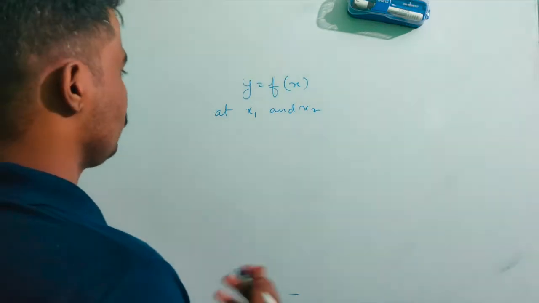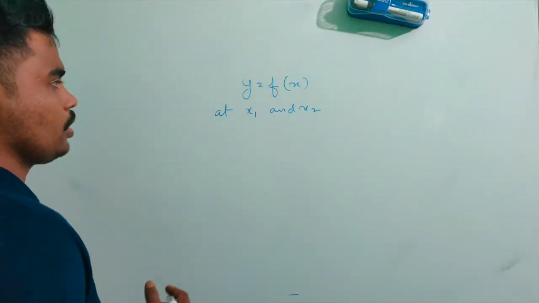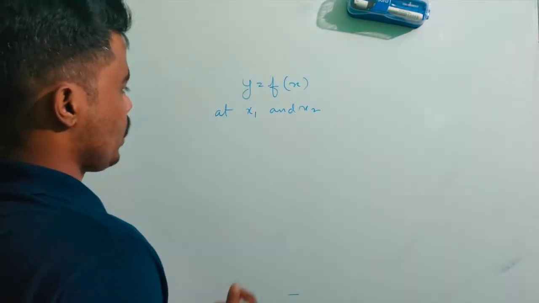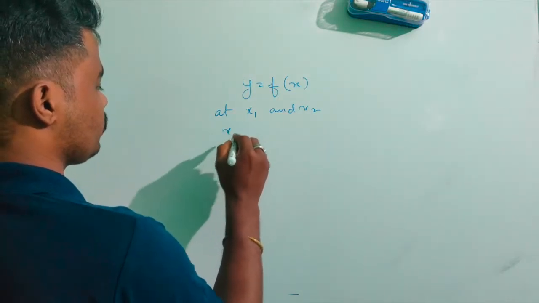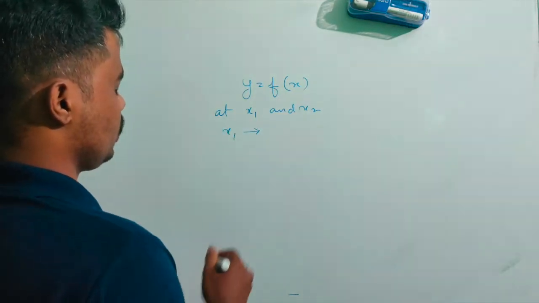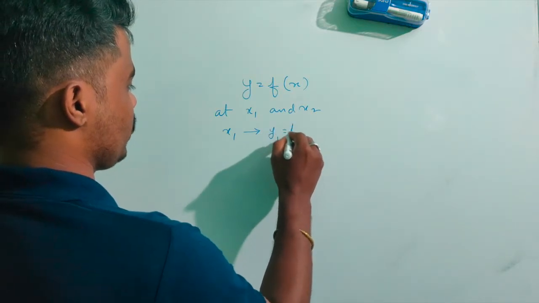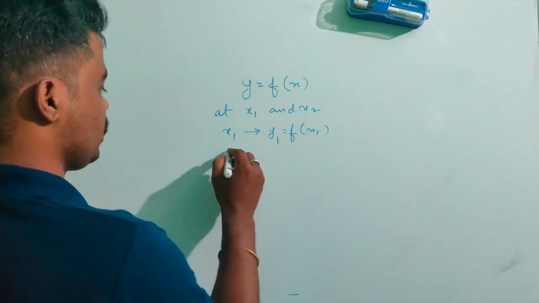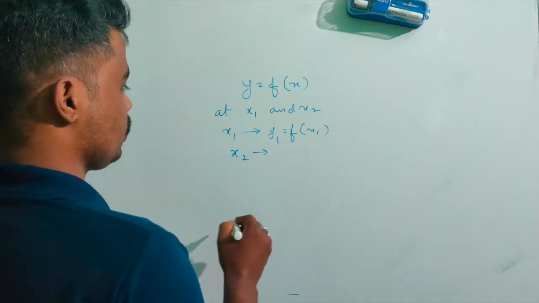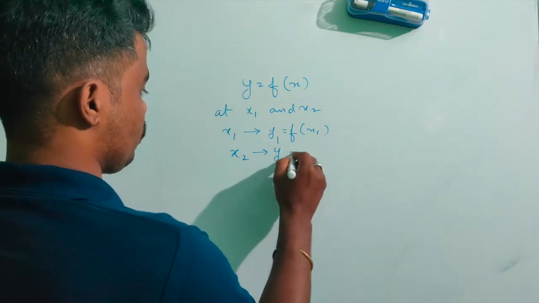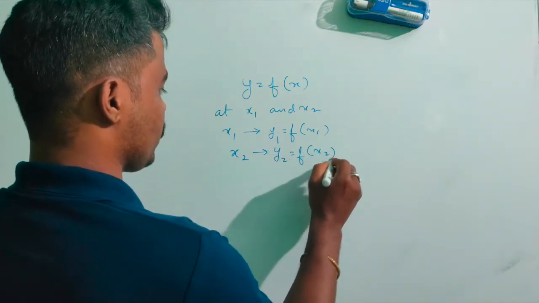From the function it is very easy to find the value of y. So at x1 the value of the function, say y1, equals f of x1, and at x2 we can write y2 equal to f of x2.